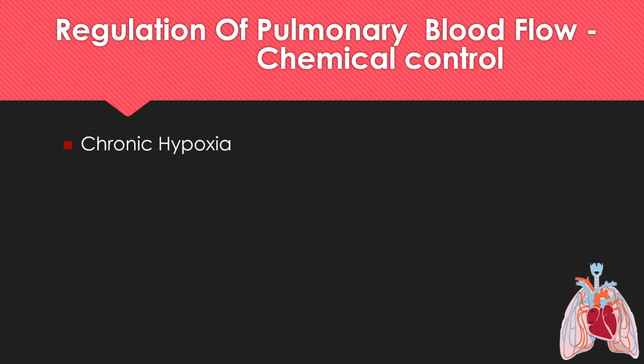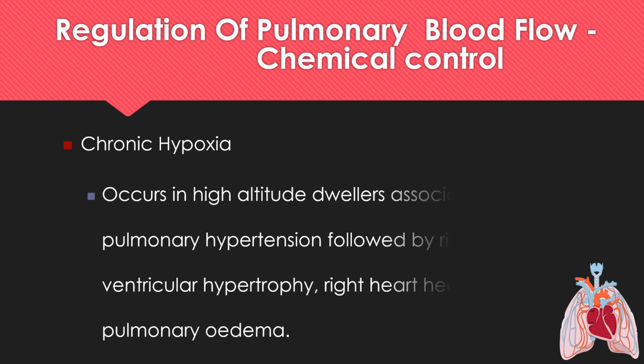And then chronic hypoxia, as it happens in high altitude people, is associated with a marked increase in the pulmonary arterial pressure, which causes more load on the right ventricle, and that may result in right ventricular hypertrophy, right heart failure, and right heart failure can give us pulmonary edema.